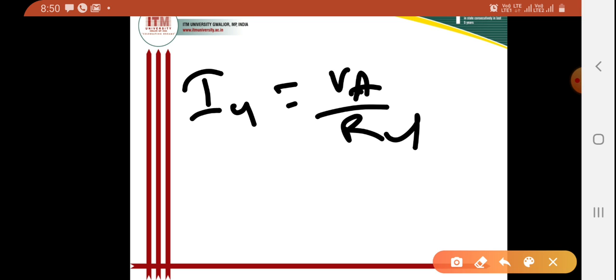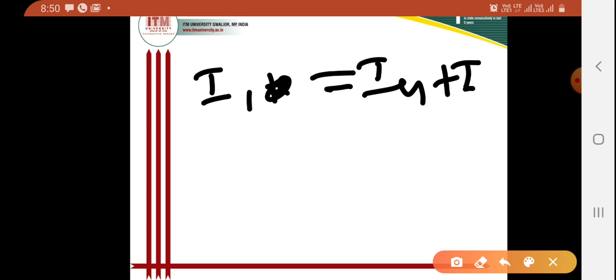Now, as per the calculated values of I1, I2 and I4, we are going to substitute the values in the equation we have written, that is I1 is equal to I4 plus I2.